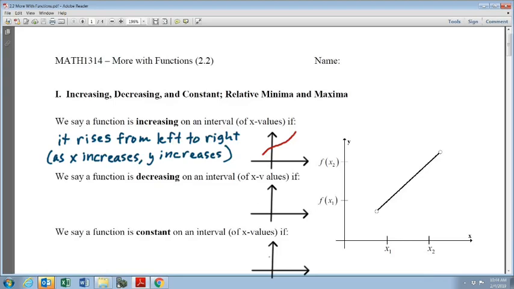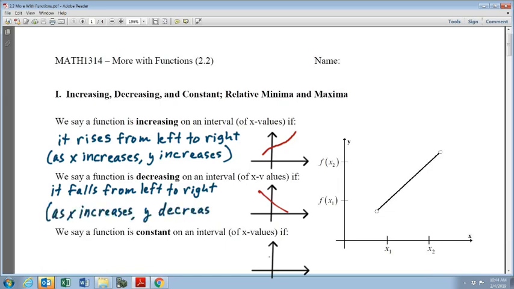We say a function's decreasing on an interval of x values if it falls from left to right. So that one would look like this. And again, an alternative way to say this would be as x increases, y decreases.